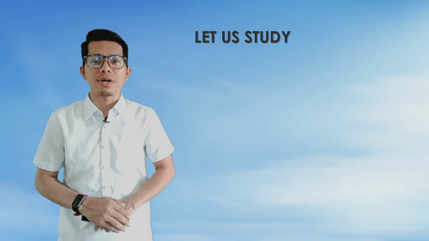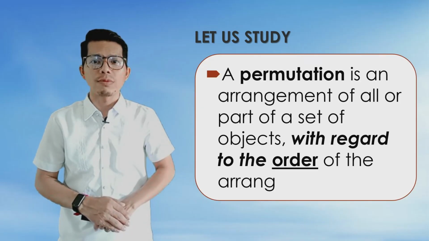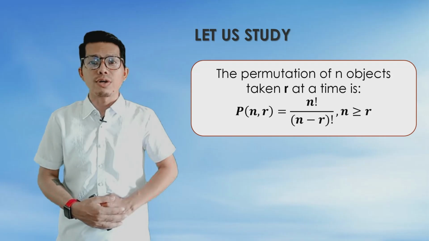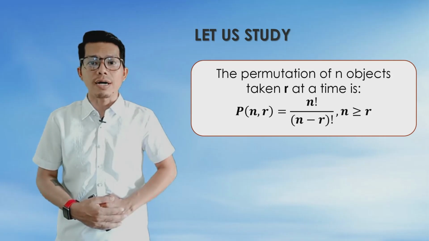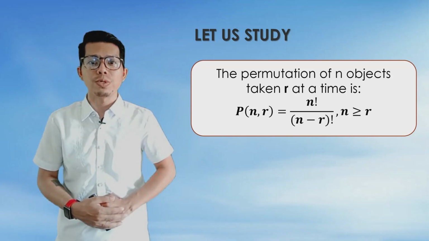A permutation is an arrangement of all or part of a set of objects with regard to the order of the arrangement. The permutation of n objects taken r at a time is equal to n factorial over the quantity n minus r factorial, if n is greater than or equal to r.